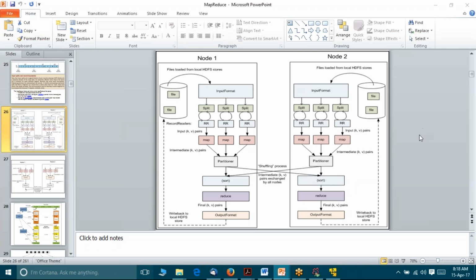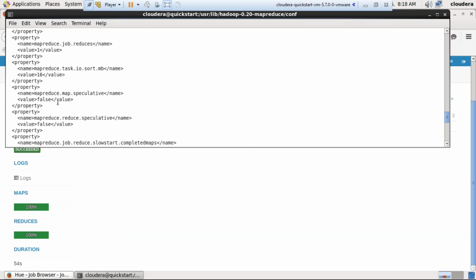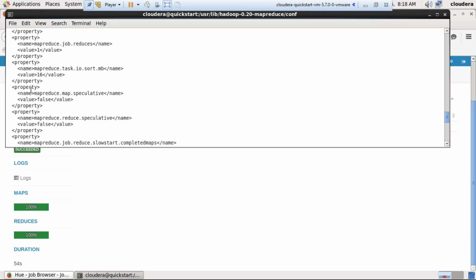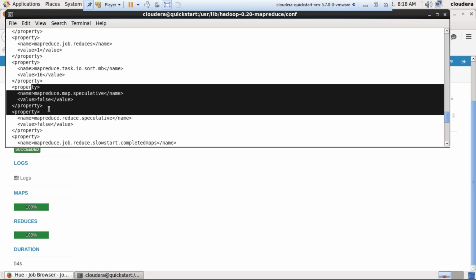Now tell me, friends, how can these factors be understood by you? If you don't know what a map phase is, or what a reduce phase is, and you just enable or disable because someone said enabling improves performance, you'll do it, but you never come to know why you're doing that.